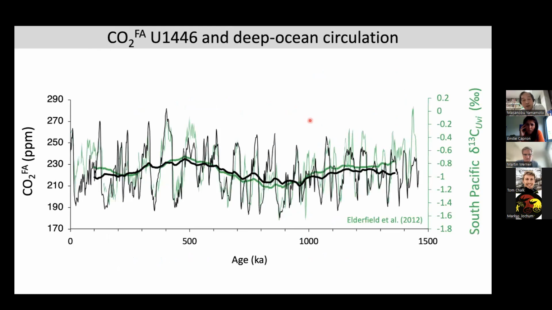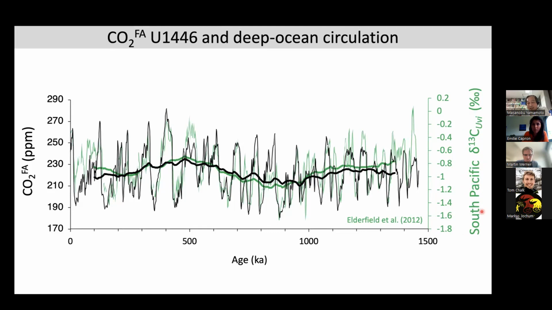In contrast to oxygen isotopic composition, the carbon isotopic composition of benthic foraminifera, in particular in the South Pacific Ocean, shows a very good agreement, both on the orbital time scale and long-term trend. This carbon isotopic composition of the South Pacific Ocean is a proxy of the deep ocean circulation, and also this ocean is the storage location of the carbon in the glacial period.